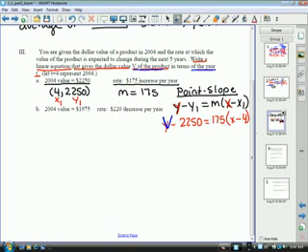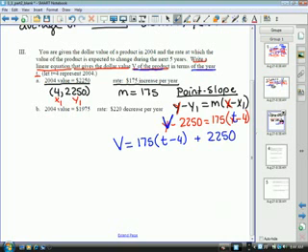My y is really V, and this is T. But see, is V by itself? No. How can I get V by itself? Add 2250. And then technically you're done because you got V by itself.